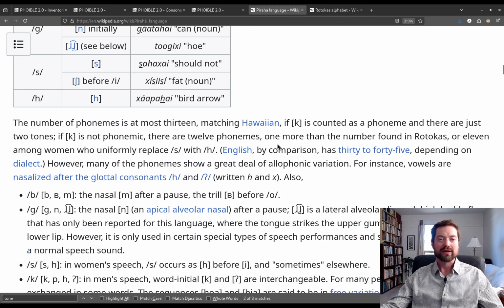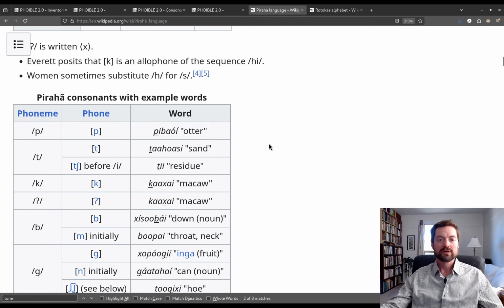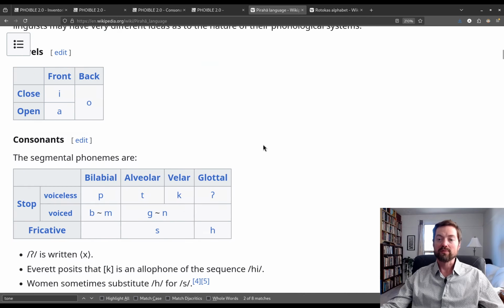Okay, so here though we can see that because there are tones, it effectively doubles the number of vowels, because each of these 3 vowels can either be regular tone or high tone.